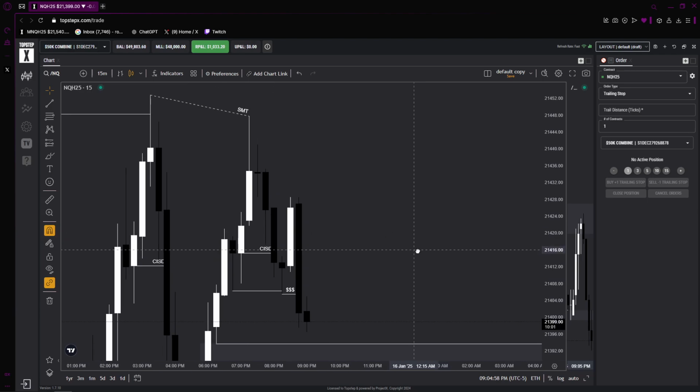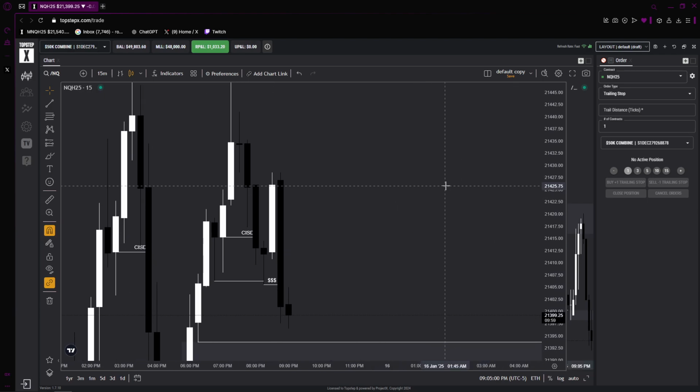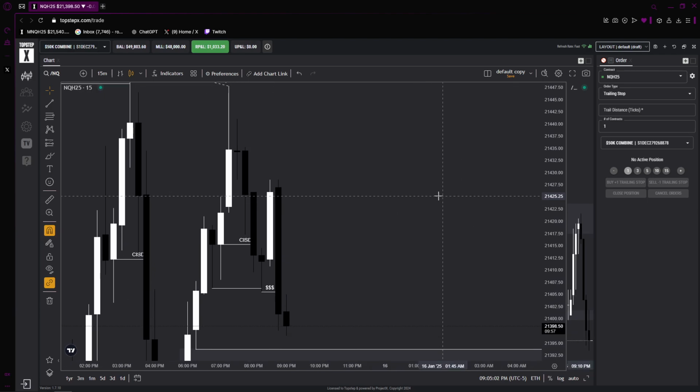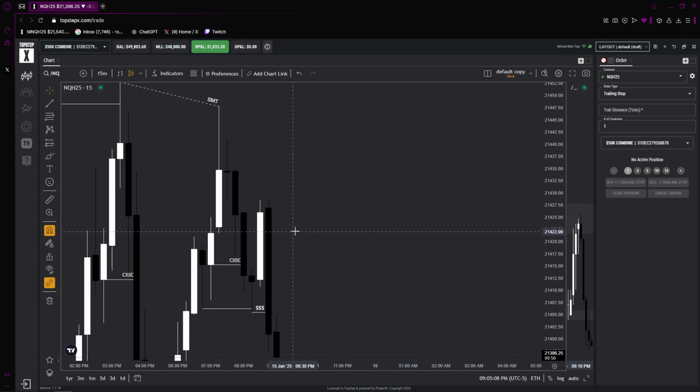Calm your nerves. If you really like that setup, what is the only reason why you would go into the markets again? This inverse, or this fair value gap. Whatever you like the most.